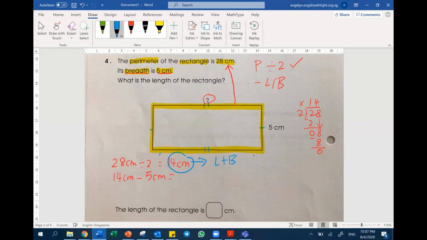And we want to remove away the breadth. We don't want the breadth because we want to find the length. Okay, that's why we minus it away. 14 minus 5 equals to 9 cm. So the length of the rectangle is 9 cm.